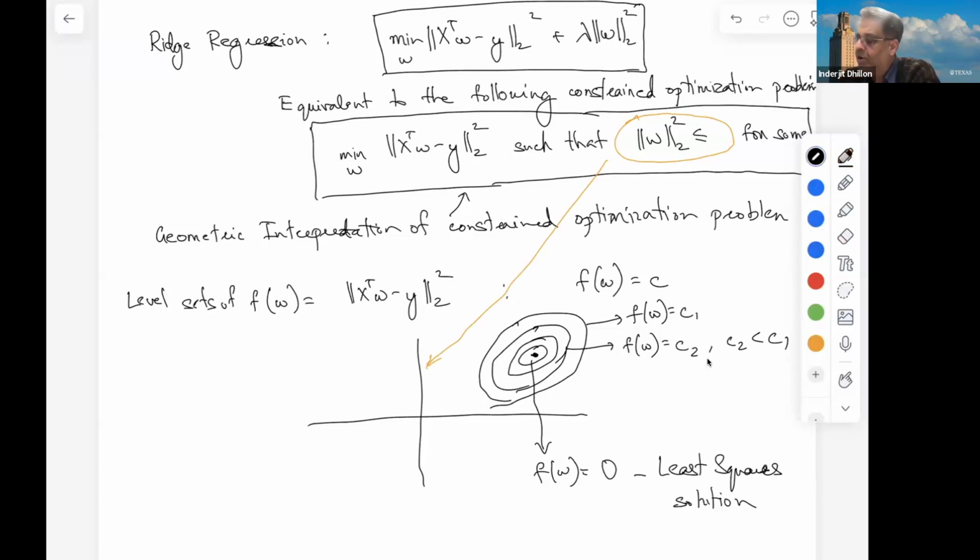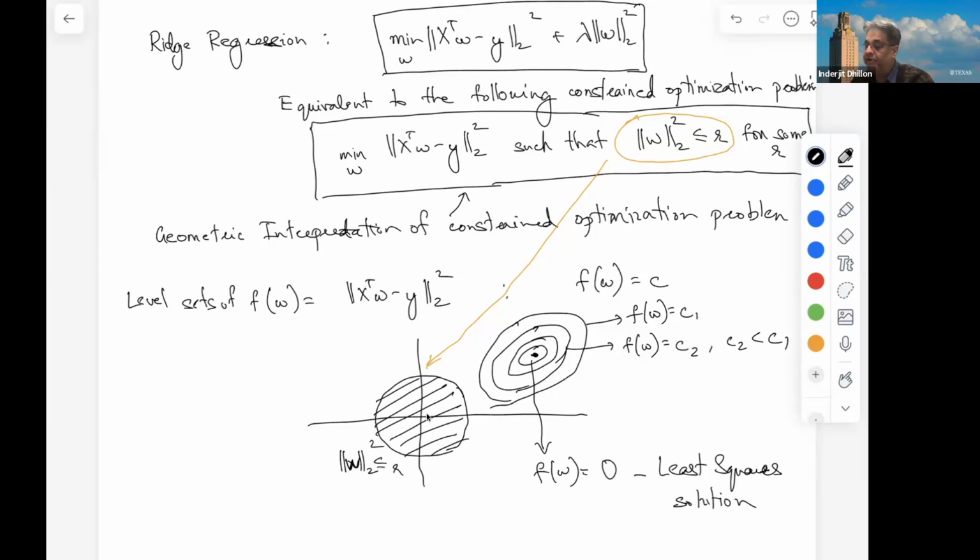Let me just say R for radius, for some R. So R is the radius. And what I'm saying is that the norm of w squared is less than or equal to R. I wrote x, but it's w. The only w's that I want are actually within this.